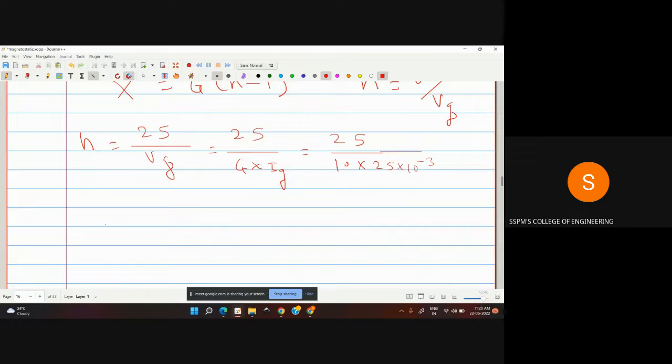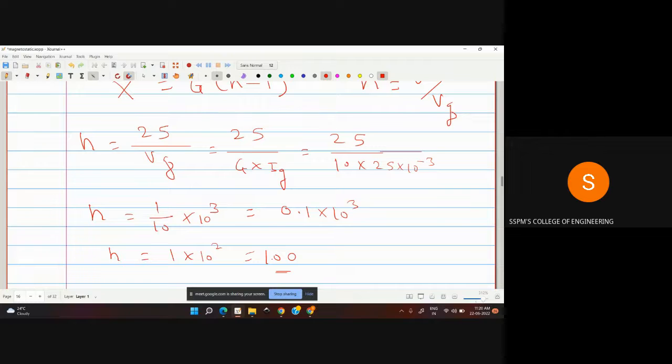Isn't it? So what is N? N is 25 will cancel. It will become 1 upon 10 into 10 to the power 3, and is equal to 0.1 into 10 to the power 3. So what is N? N is 1 into 10 to the power 2 or 100.